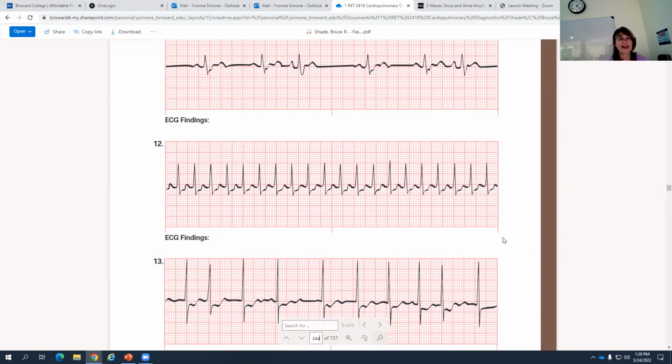Okay, so it's really fast. We see one little positive deflection between the QRSs. Is that a P wave or is that the T wave? That's the T wave. So we're not seeing P waves. We're seeing a really fast rate. What is it, over 200 per minute?